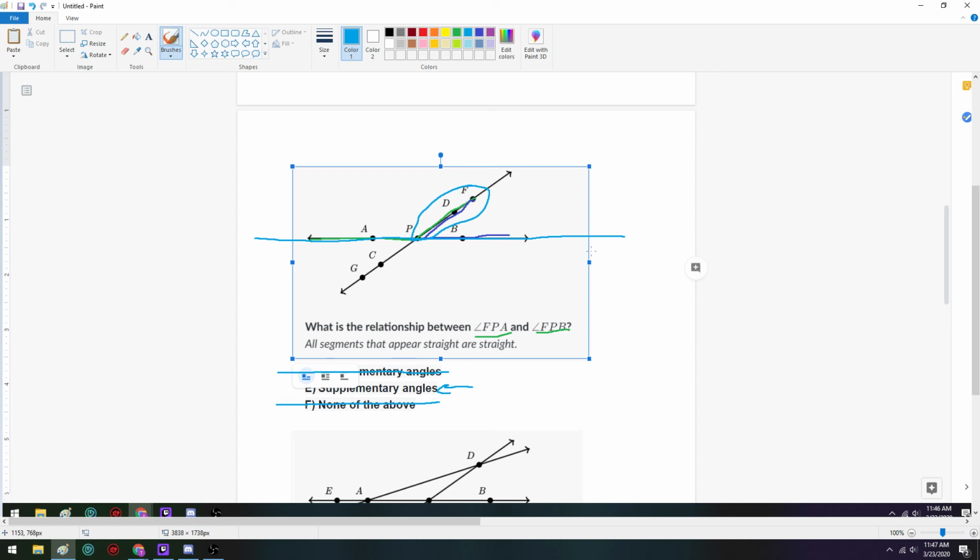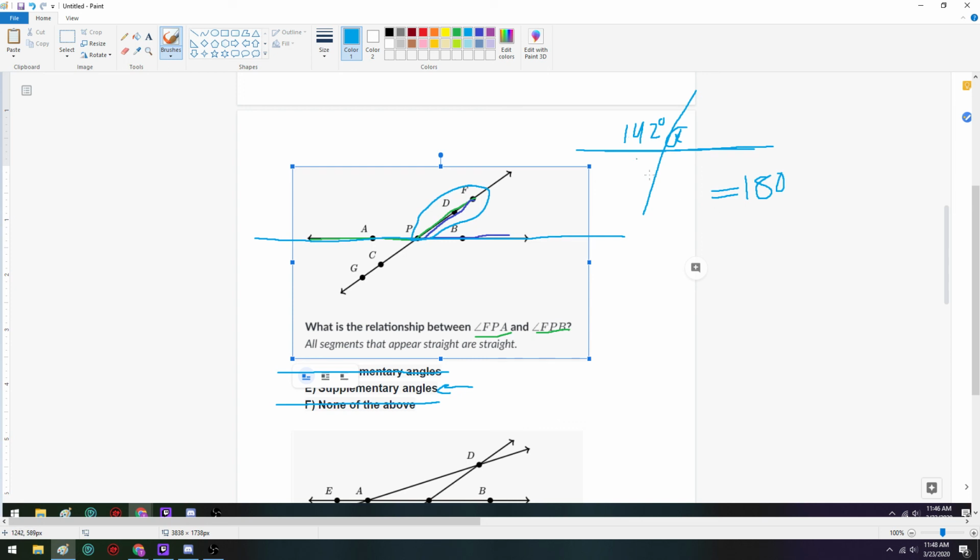Now tomorrow we're going to be talking about the missing angles. For example, if I gave you an angle that was 142 degrees and asked you to find the missing angle here, well, we know that if we're looking for this angle, it's going to be supplementary. So it's going to equal 180 degrees.